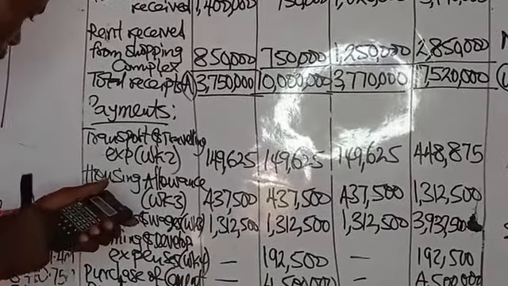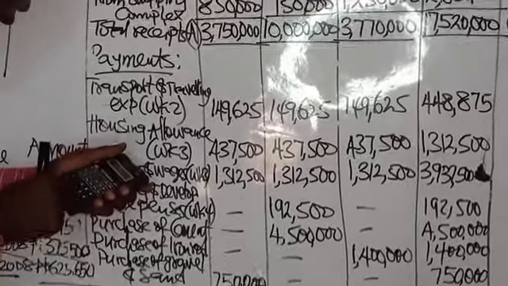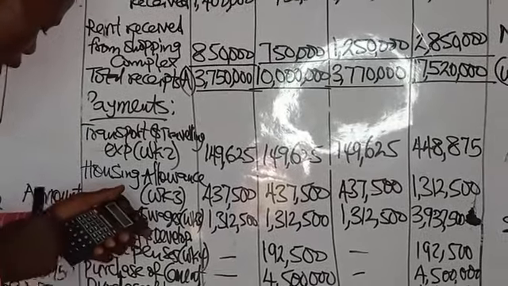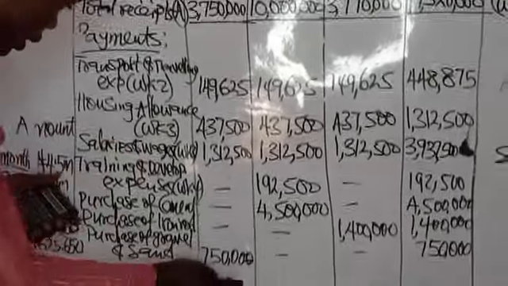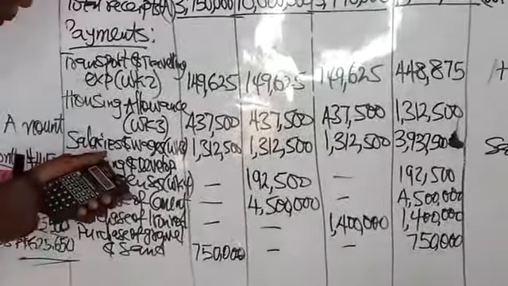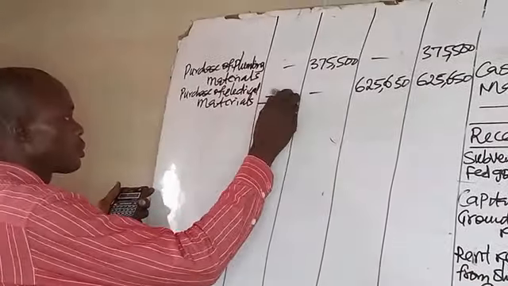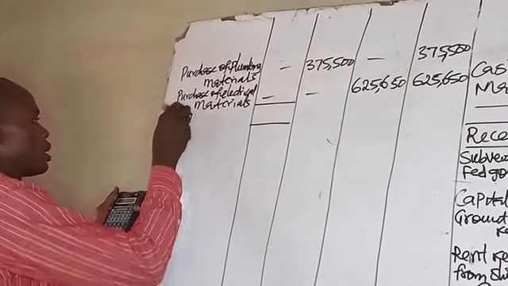149,625 plus 437,500 plus 1,312,500 plus 750,000. So total payments.